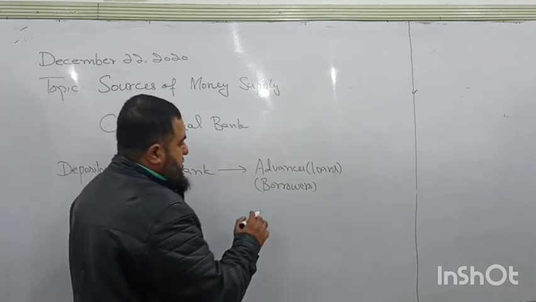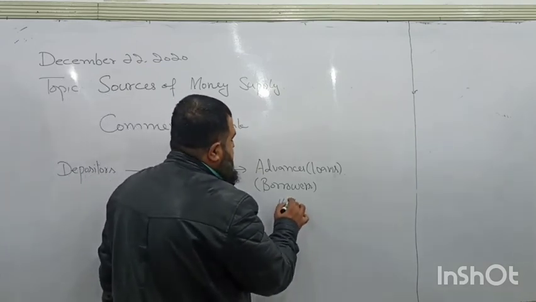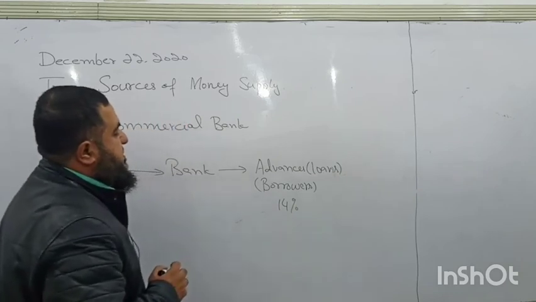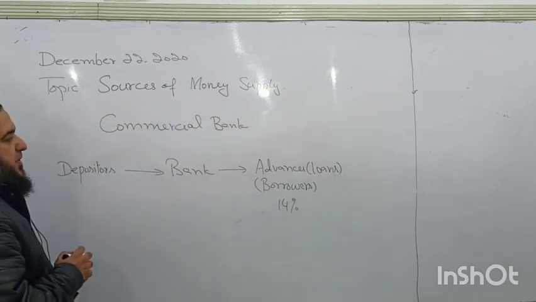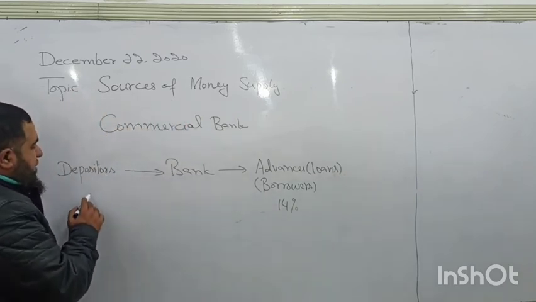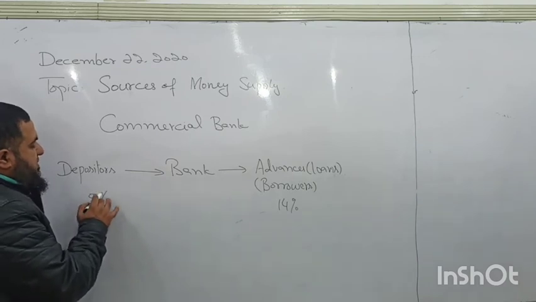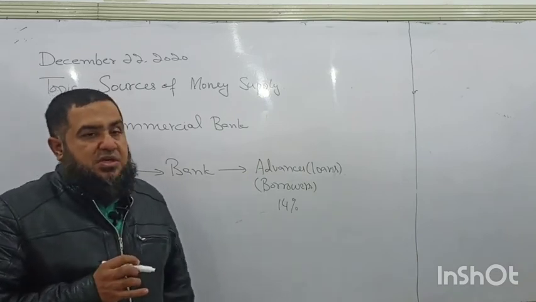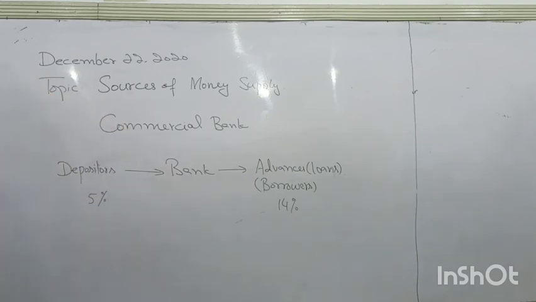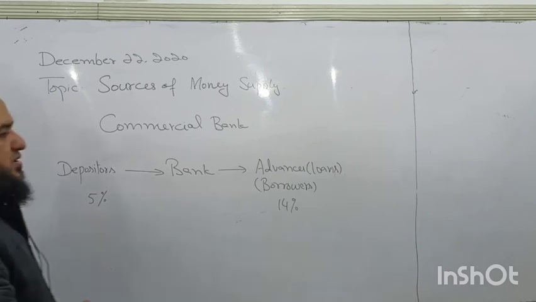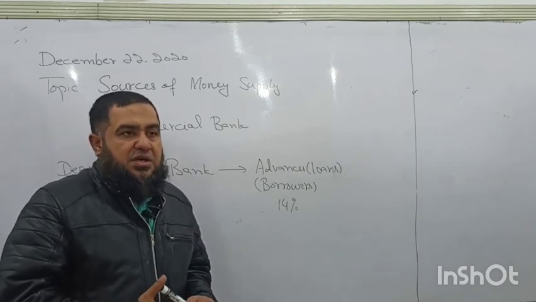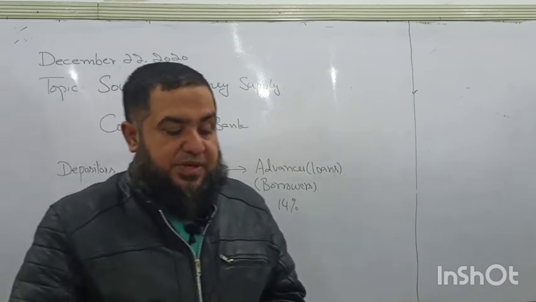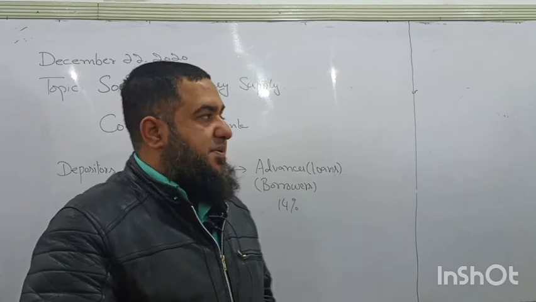Suppose there is a 14% rate of interest charged by the commercial bank from the borrowers, and it pays 5% interest to the depositors. The rest, 9%, will be used to cover its expenditures like salaries, building rents, and many other current running expenditures incurred by the banking sector.